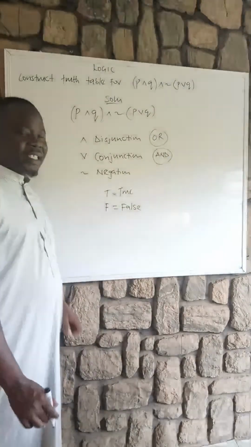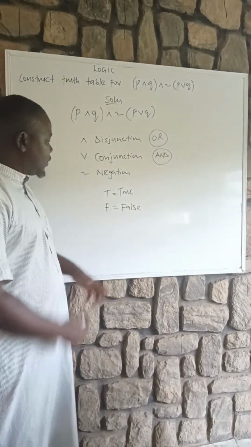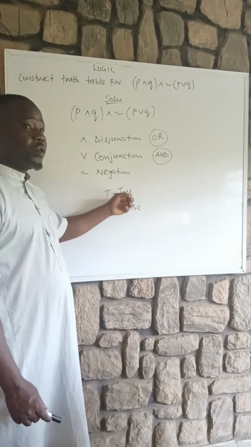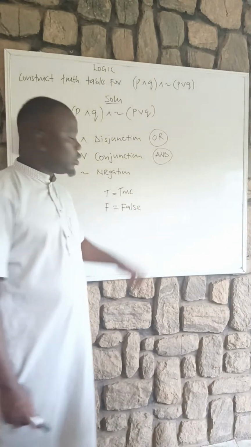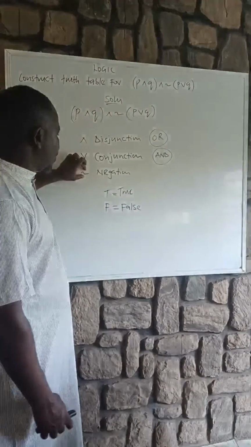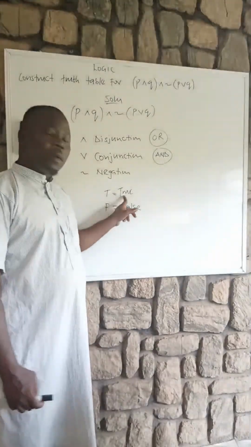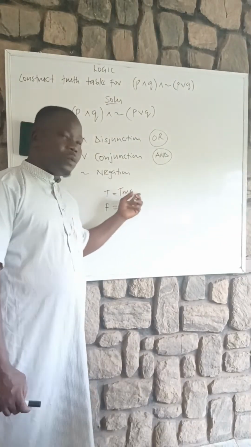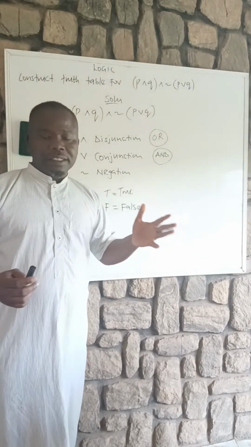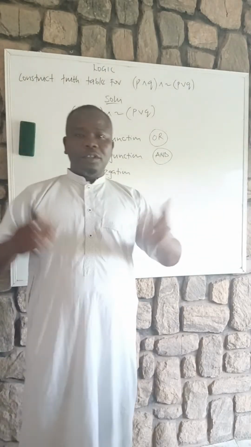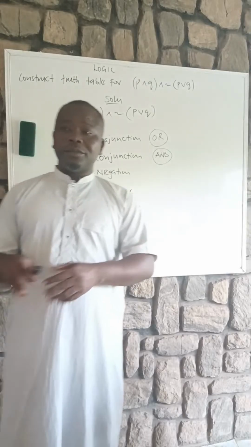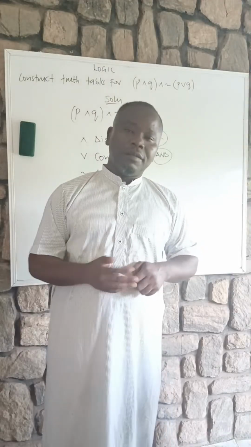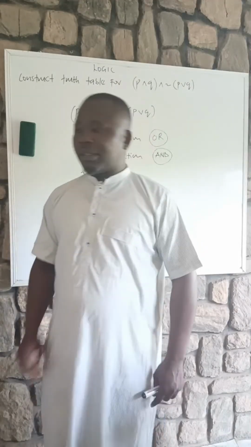So as you can see now, since we are talking about true or false, this implies that the negation of true is what? False. Then the negation of false, it means what? True. Just like a boy and girl. So if we want to look at it mathematically in logical form, the negation of a boy is a girl, then the negation of a girl is what? A boy. Take note. Is that clear?